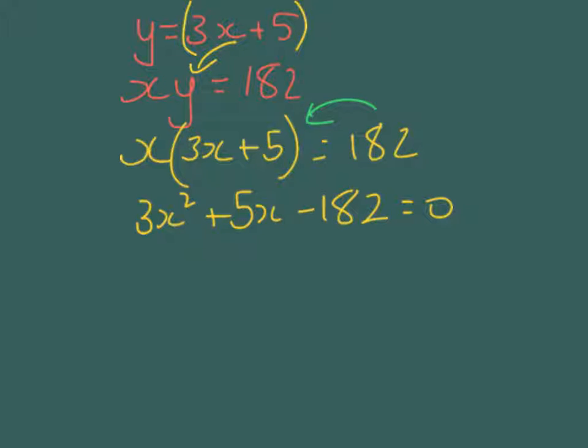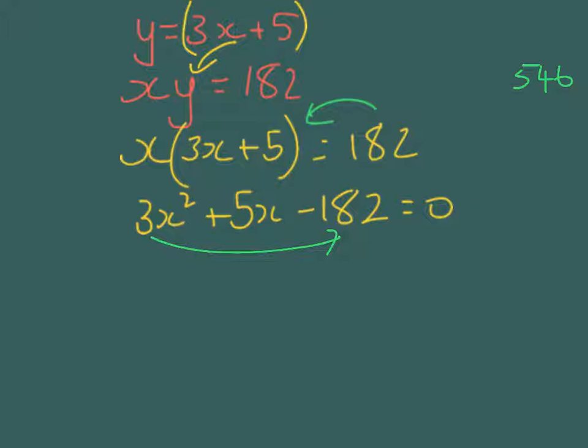Now 3 and 5 and 182 are not common factors, so we can't divide through by a number to make this simpler. You would have been shown a particular method by Mr. Harris. Not sure how you would have done it, but the way I teach this one, and you can choose to ignore this, you might have your own way, is that I multiply 3 by 182 and I get 546.